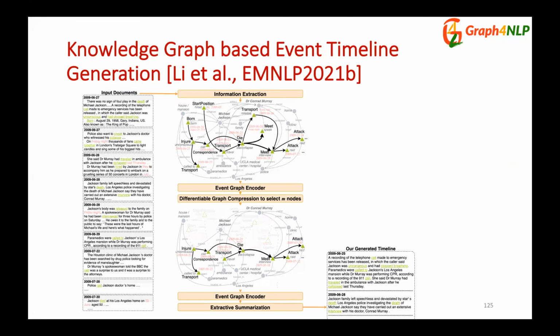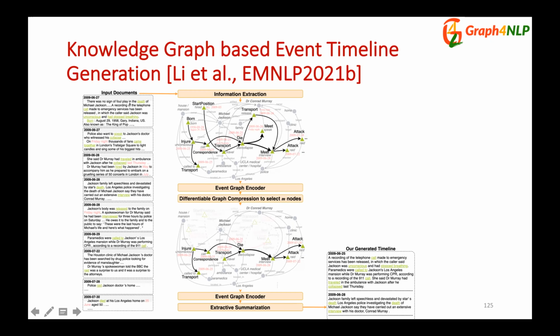Do you need to pre-configure the class levels first, and then how do you generate this graph? Yes, I see where the confusion is. We have a predefined ontology. The ontology says I want to look for the following types of events, such as start position, transportation, and so on. That is the task. It also says for each event, you need to identify these kinds of roles.